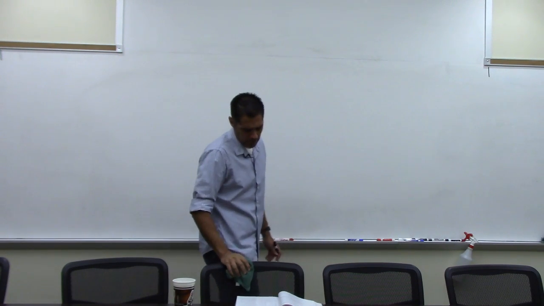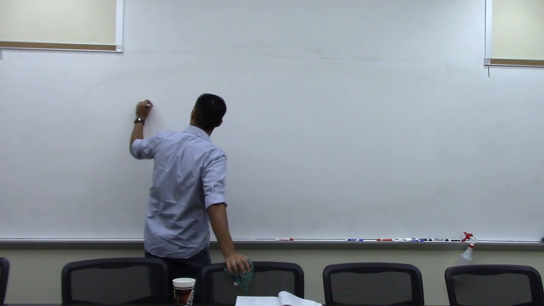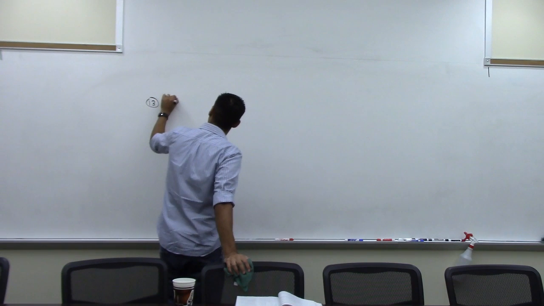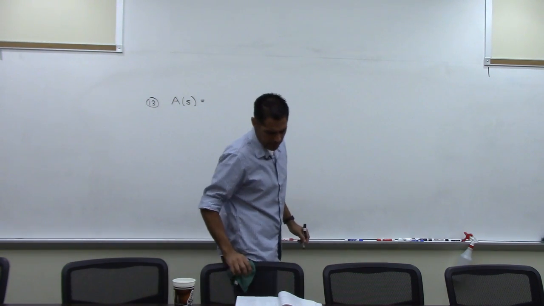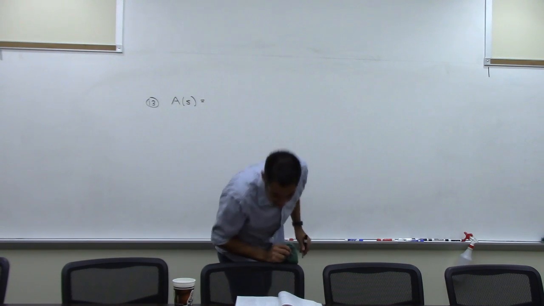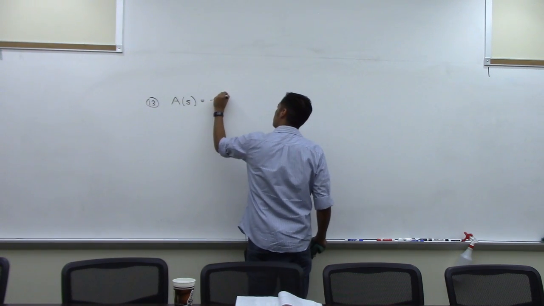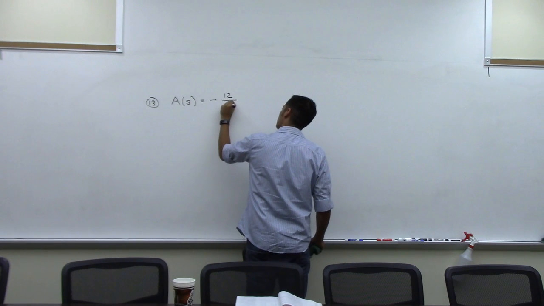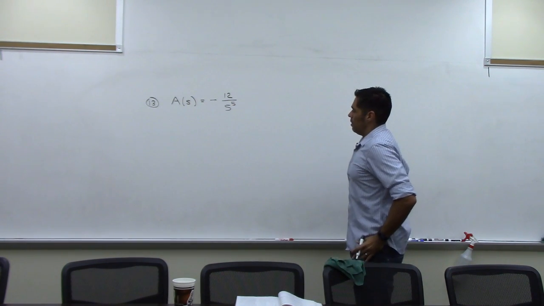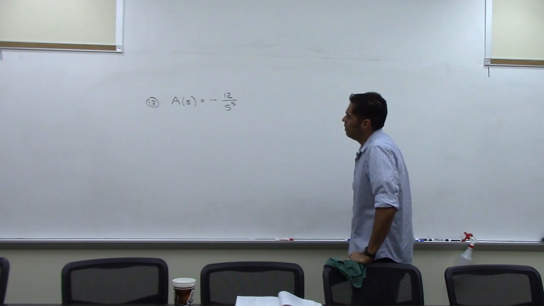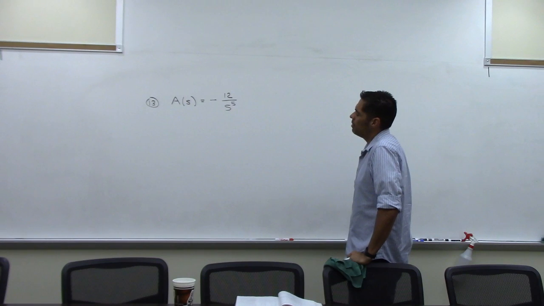13. Capital A of S equals negative 12 over S to the 5th power. All right, well, you can make this hard or you can make it easy.